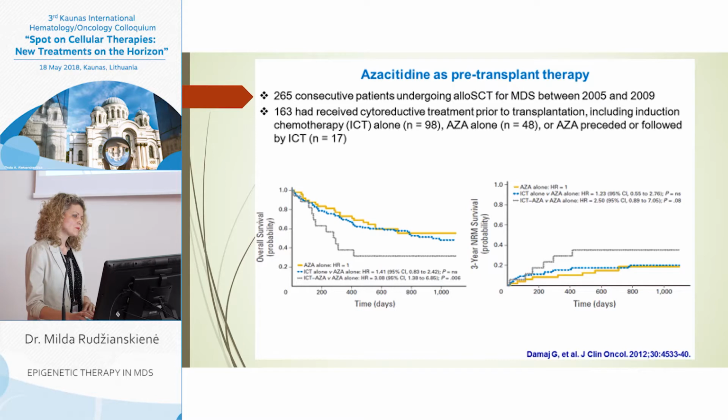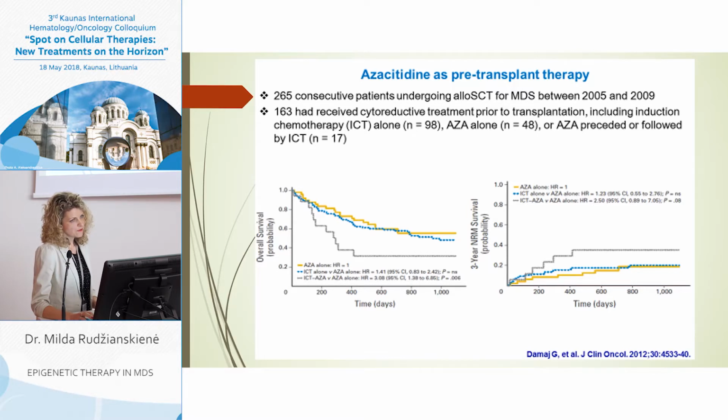But we know that using hypomethylating agents before transplantation is less problematic, because we can do this in the outpatient department, and there are much fewer side effects that we can manage.